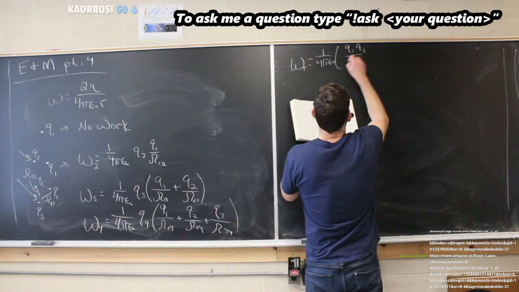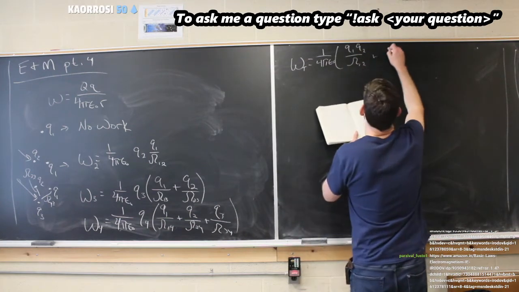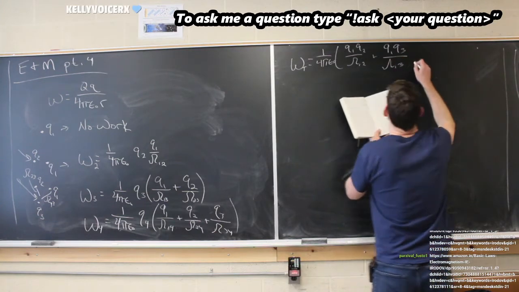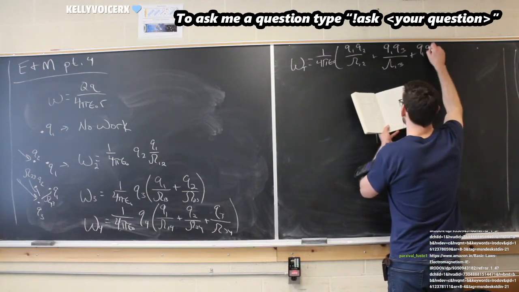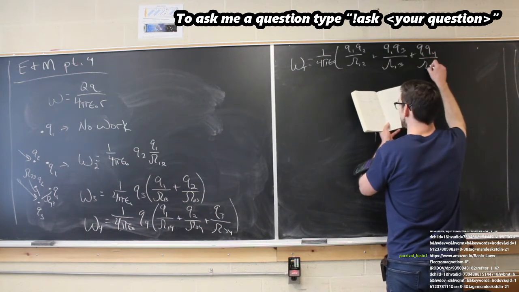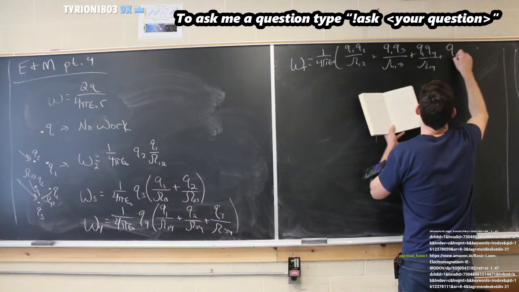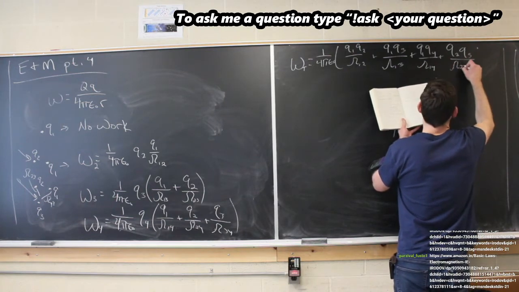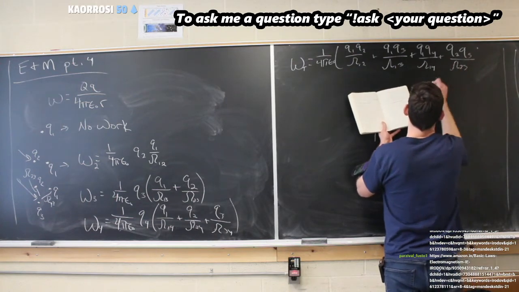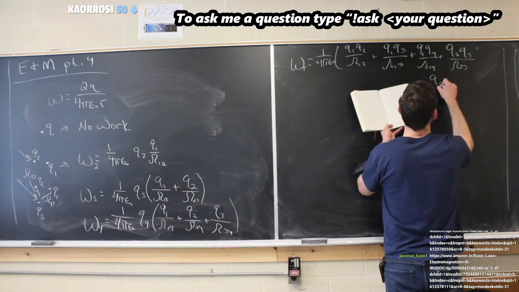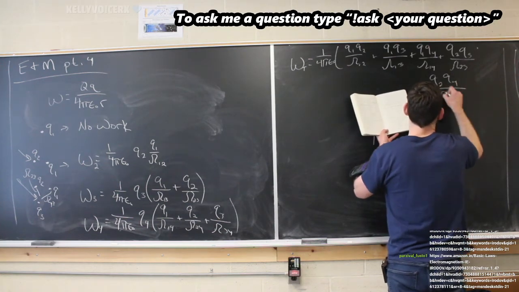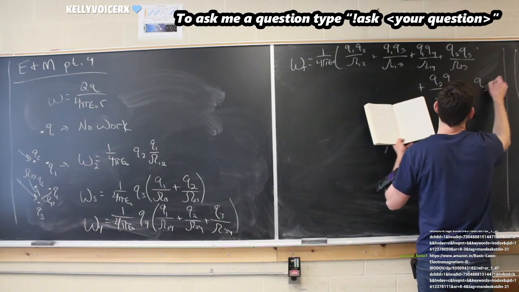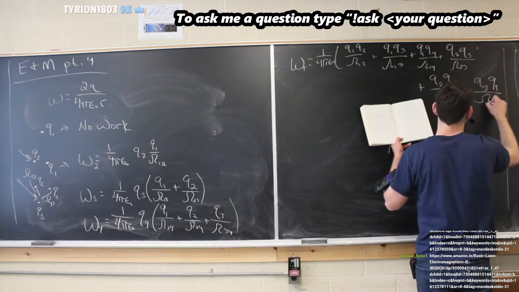Q1 Q2 over R12 plus Q1 Q3 over R13 plus Q1 Q4 over R14 plus Q2 Q3 over R23 plus Q2 Q4 over R24, and then lastly, plus Q3 Q4 over R34.